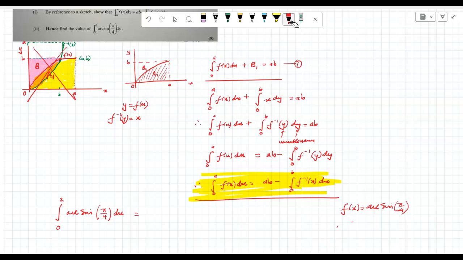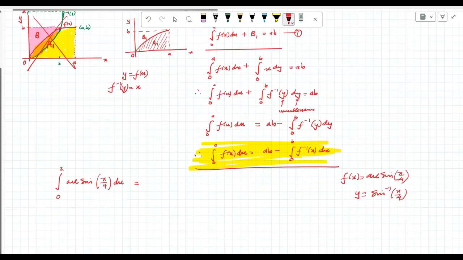So y is equal to sin inverse x by 4, correct? So x is equal to 4 sin y. You replace x with y and y with x.